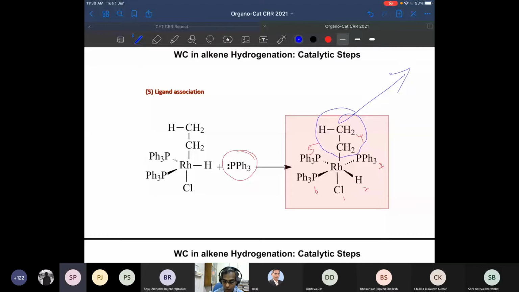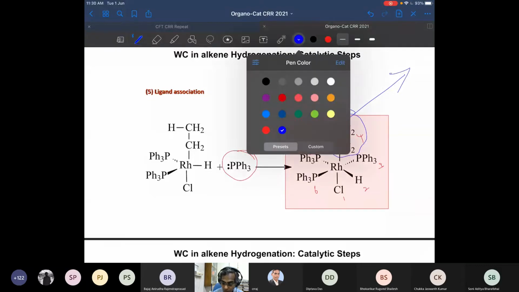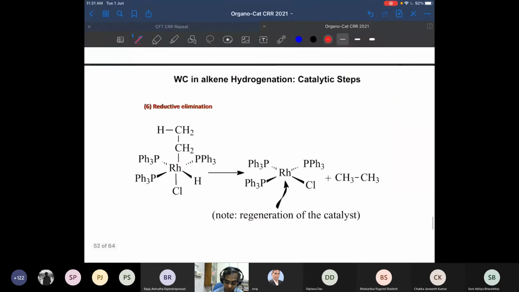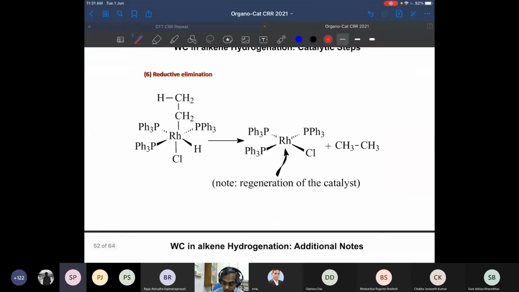You have a bulky triphenylphosphine ligand here and here. As a result, in a facilitated reductive elimination, it goes here. Now I got the hydrogenated product and I got back my original catalyst.